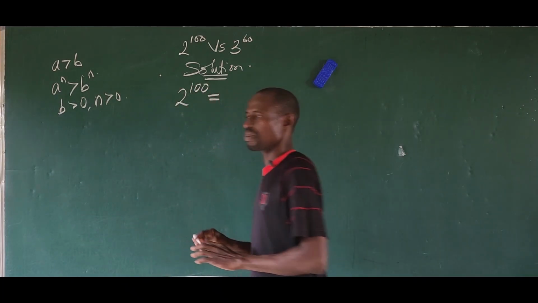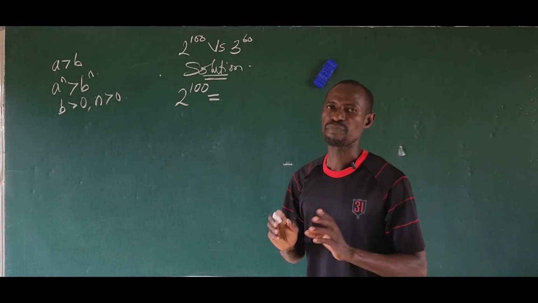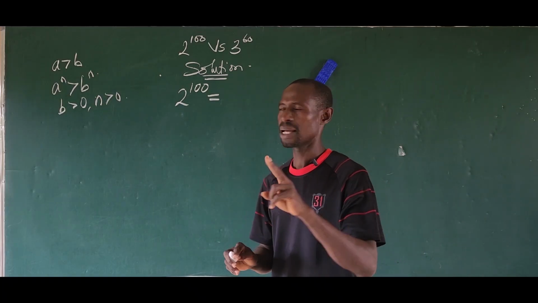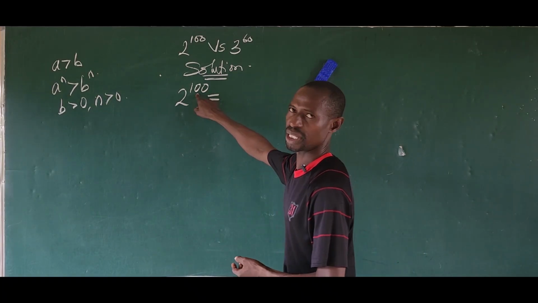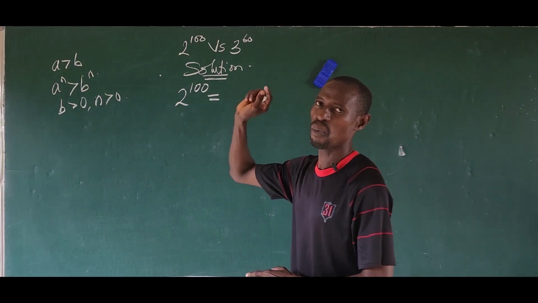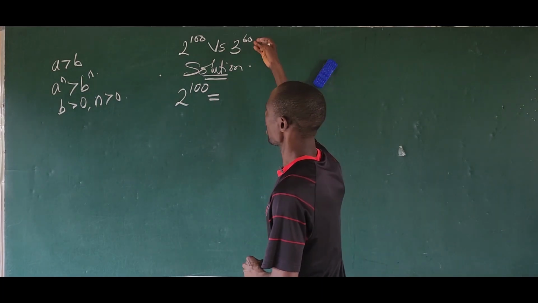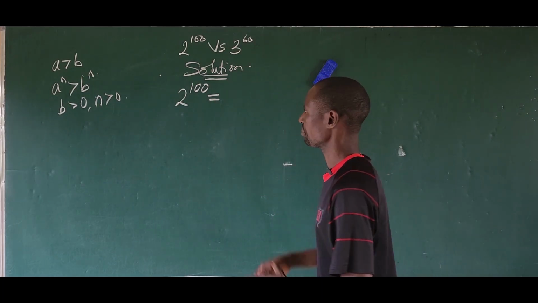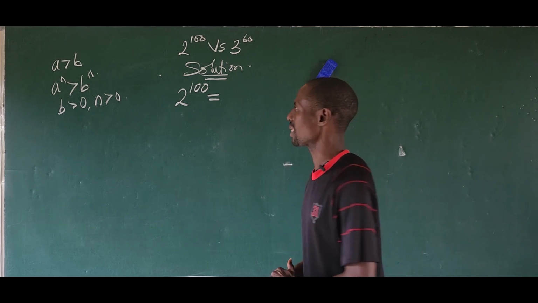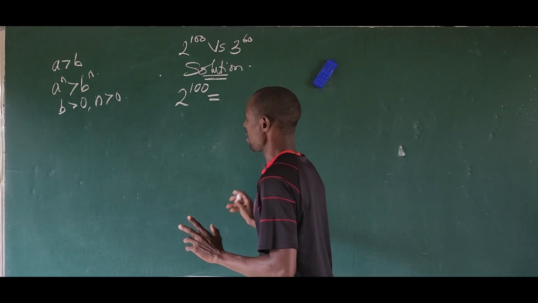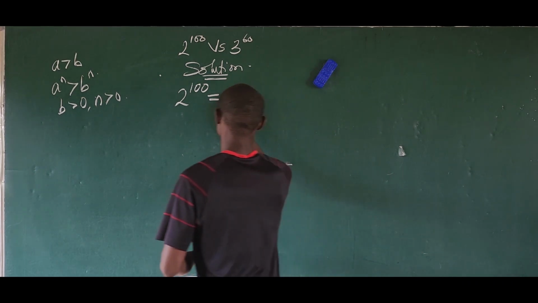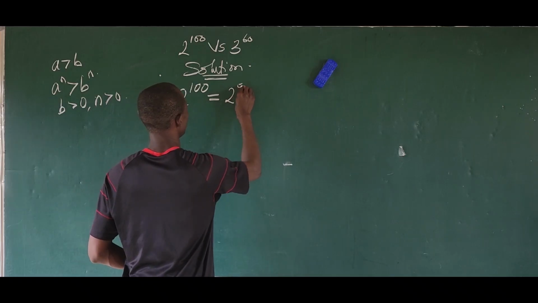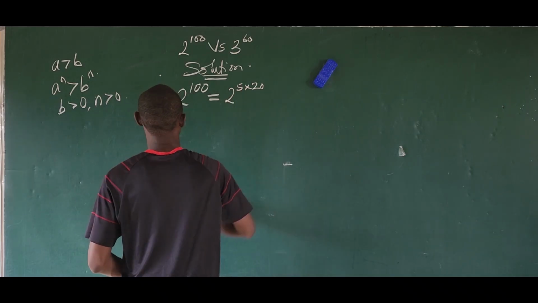We want to express 100 as a product of two numbers that when we multiply together will give you this. And from one of the numbers, we're going to have the same thing from the other side. So 100 can be written as 5 times 20. So this could be written as 2 to the power of 5 times 20, right?